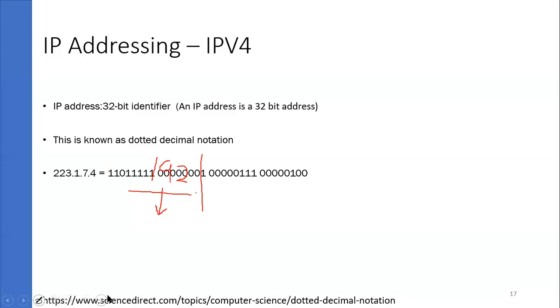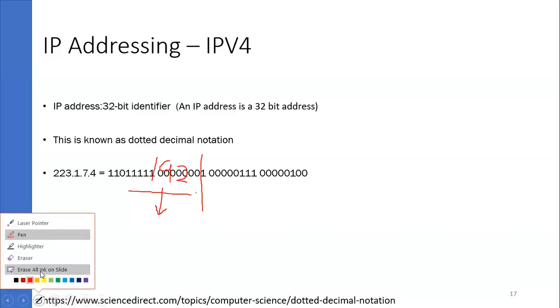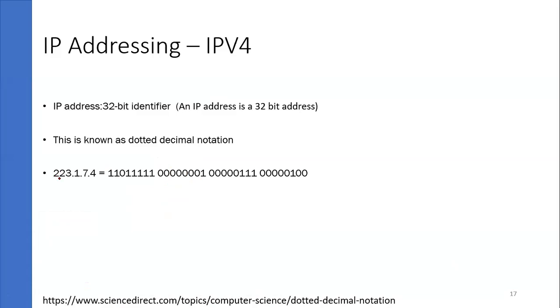Now, again, I'll give an example. This is 223.174, in dotted decimal, right? Now, this one is mapped to here. This one is the binary value of this, and this one's binary value is this one.